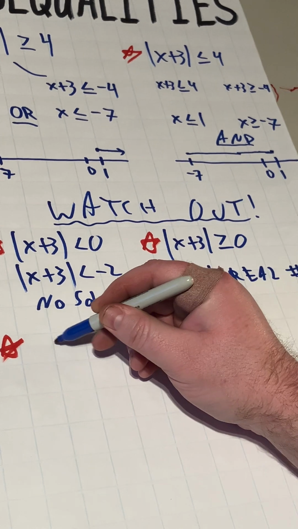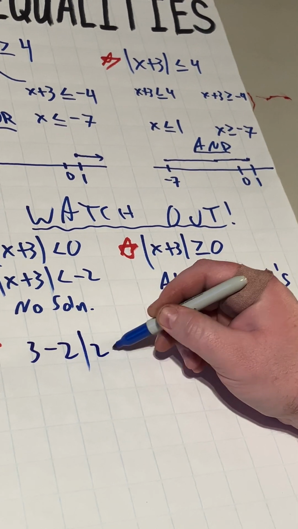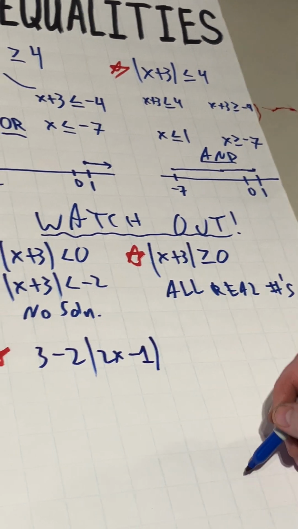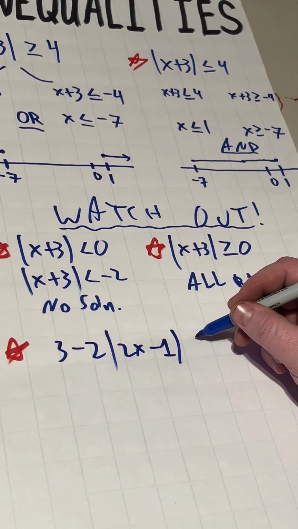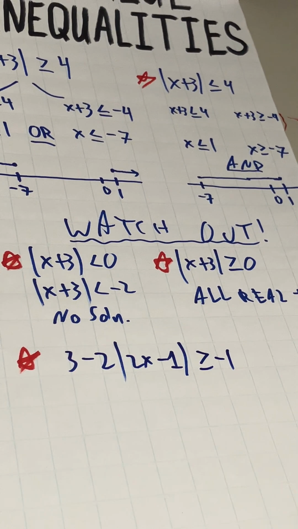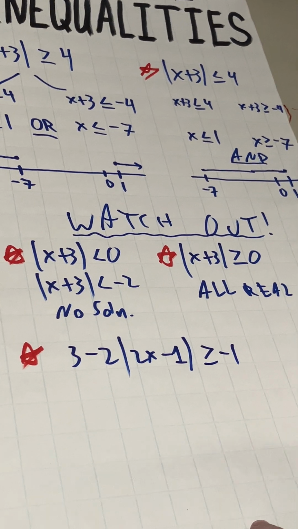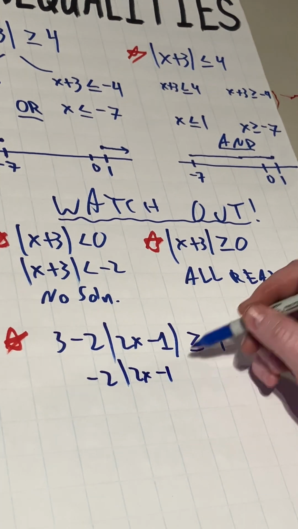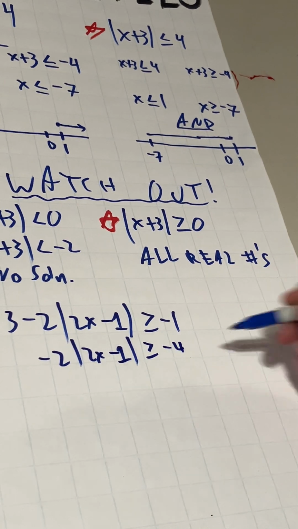So we're going to do 3 minus 2 times the absolute value of 2x minus 1 is greater than or equal to -1 so that we follow the one over on the left side. So again, first move, subtract 3 on both sides. So we have -2 times the absolute value of 2x minus 1, greater than or equal to -4.